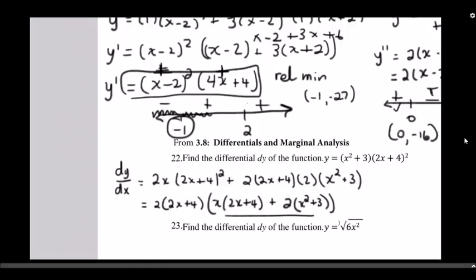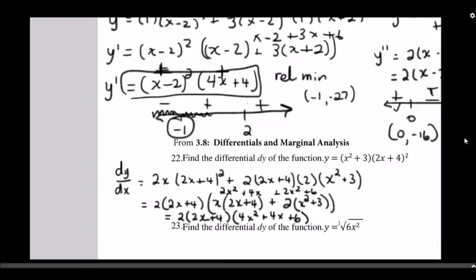So this inside piece is going to be 2x squared plus 4x plus 2x squared plus 6. Combining those like terms, we have 4x squared plus 4x plus 6.